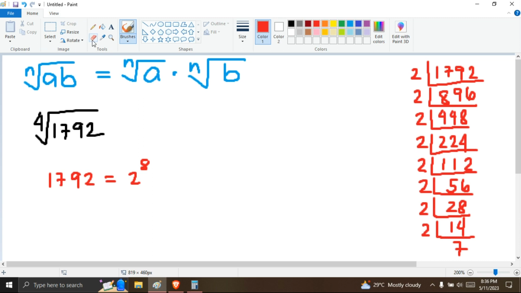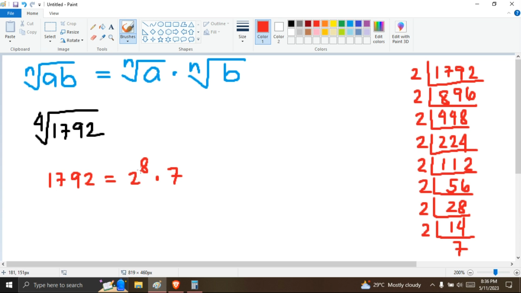So 2 to the power of 8, then times, don't forget the 7 nga nasa ubos. So mao na siya ang factor niya. 2 to the power of 8 times 7. Okay?